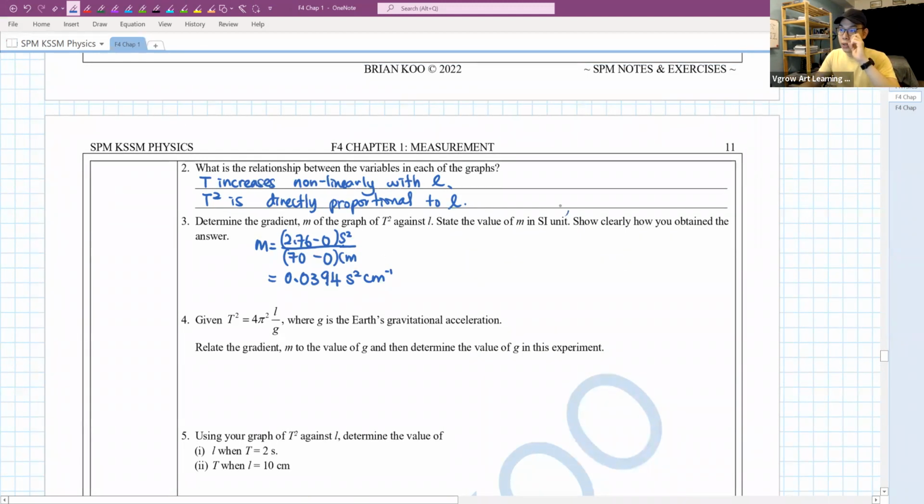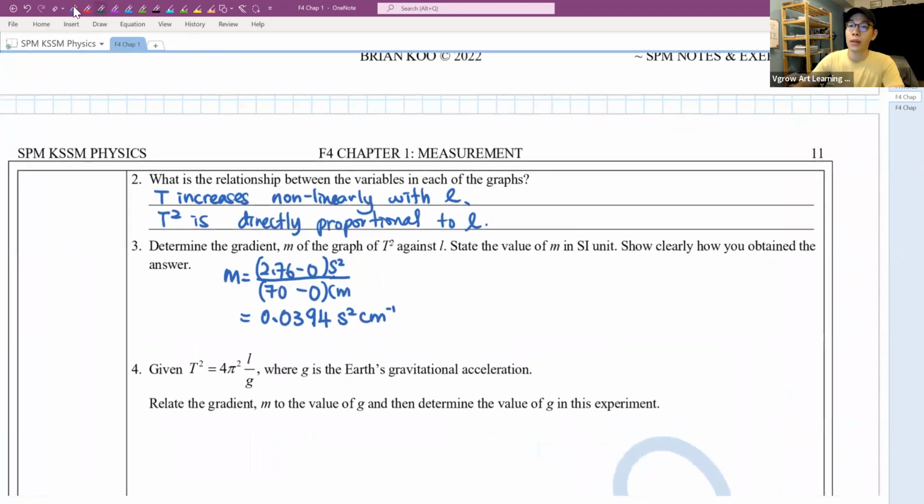Oh, they want in SI unit though. If it's in SI unit, then maybe it's better I change to meter. I can also write like that over cm, might be easier for me. Now let's say I want to change to meter. You see cm is at the bottom.